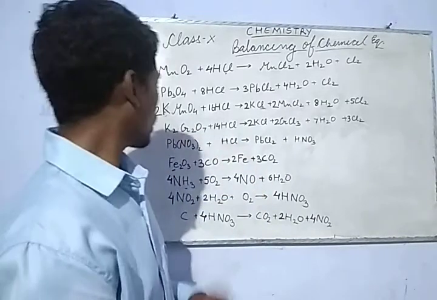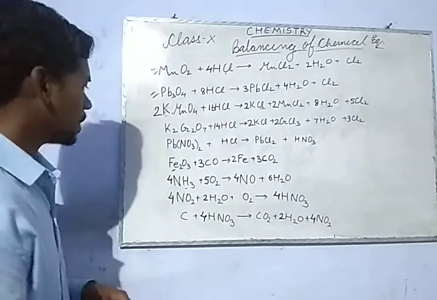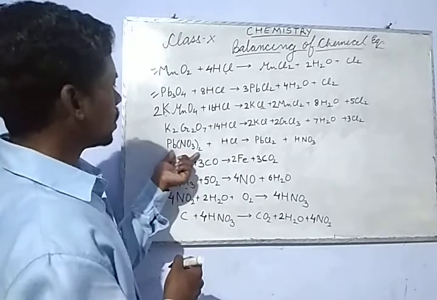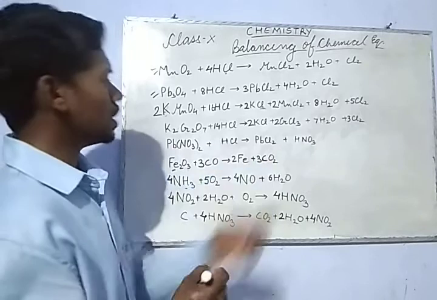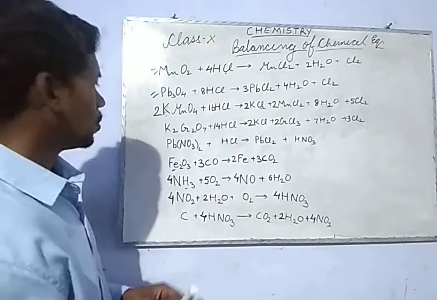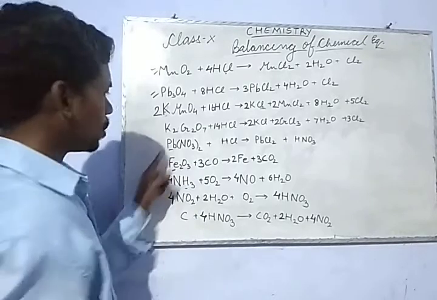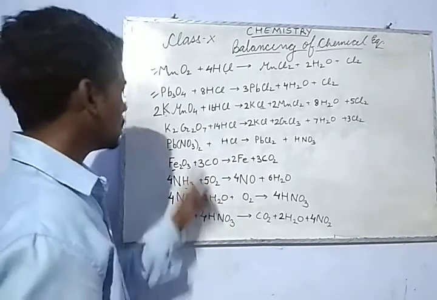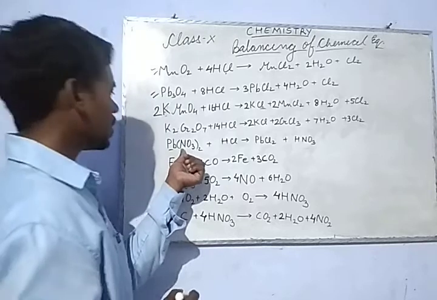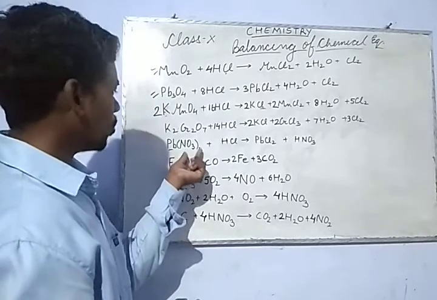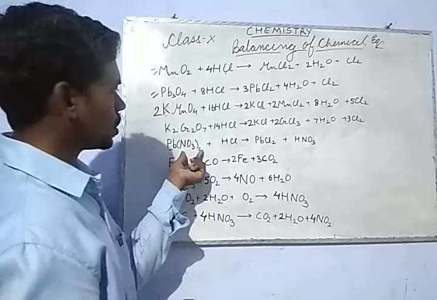Okay. Now let's go to the last one, and that is your Pb(NO3)2 plus HCl gives PbCl2 plus HNO3. So first of all, we will go for electropositive here. Pb balanced 1, 1. Now you see nitrogen here. How many nitrogen here? 2. How many NO3 actually? 2 NO3 are there.